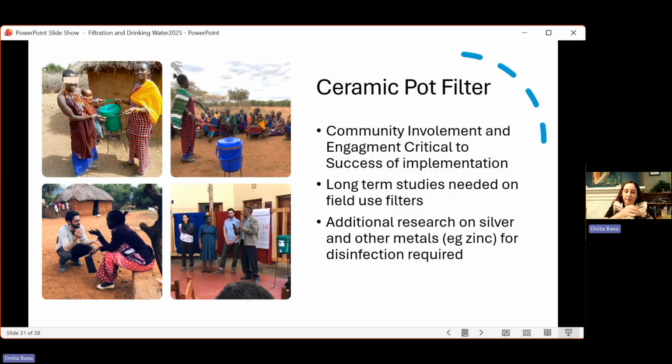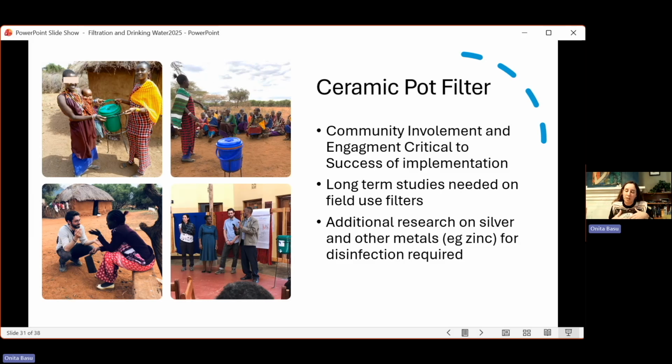Now, the ceramic pot itself has a lot of technical factors associated with it. But when you're using a ceramic pot filter, community involvement and engagement is critical to the success of implementation. When we work with the city of Ottawa on their filter systems, we can just work on the filter system with the plant or other communities, and we don't need to engage the population as much.